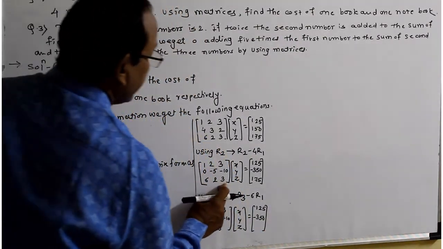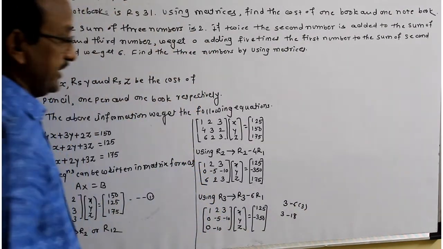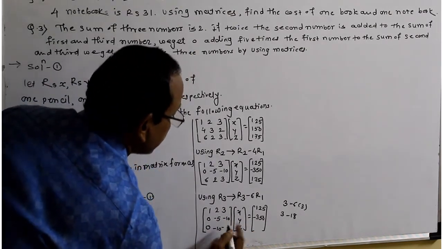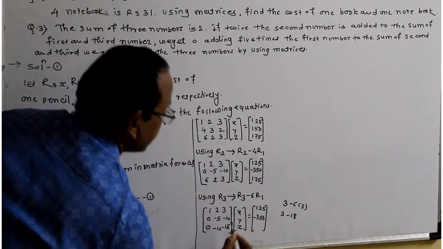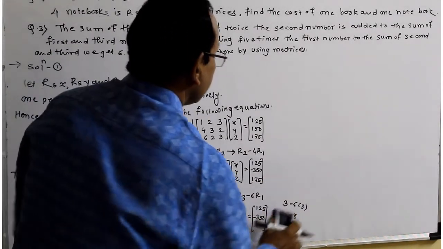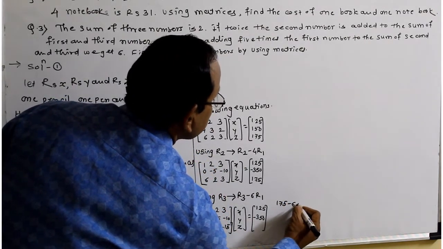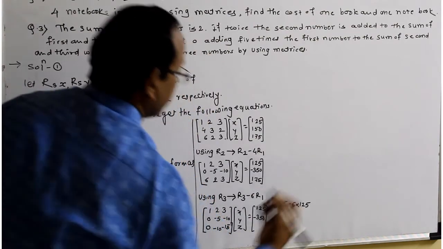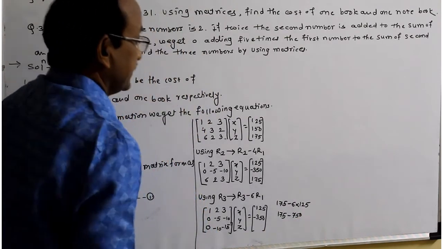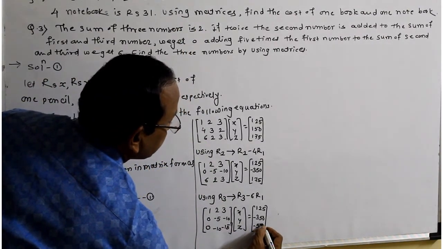Then 3 minus 6 into 3 is 3 minus 18, which is minus 15. Then 175 minus 6 times 125 is 175 minus 750, which is equal to minus 575.